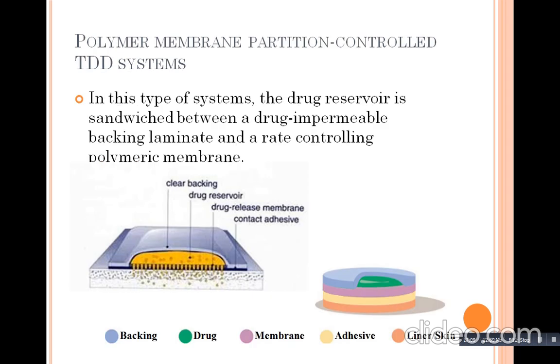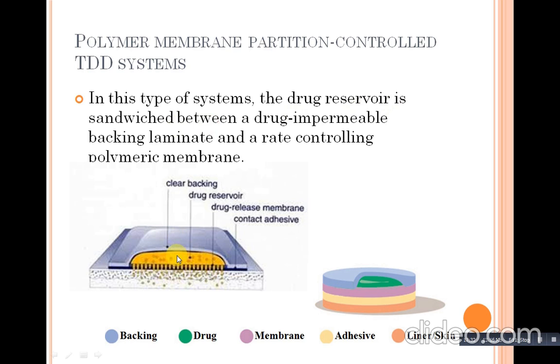The first type is the polymer membrane partition controlled transdermal drug delivery system. In this type of system, the drug reservoir is sandwiched between the drug impermeable backing laminate and the rate controlling polymeric membrane. Here we can see this is the drug reservoir, where the drug is dissolved in a suitable solvent.